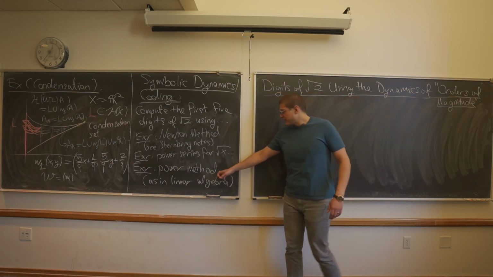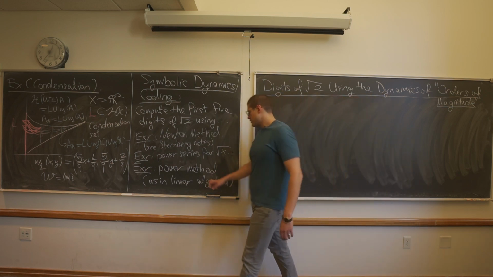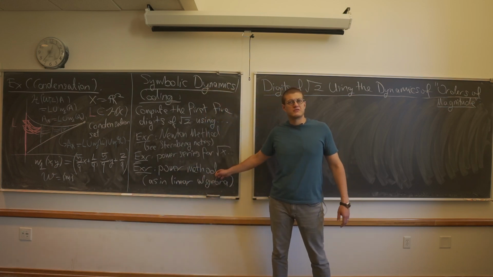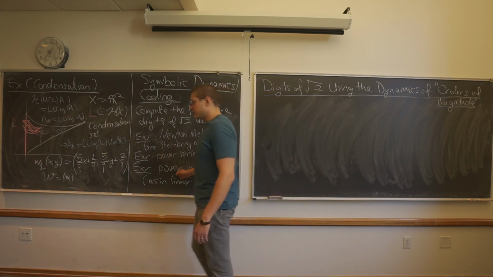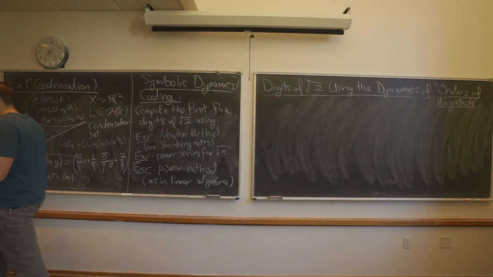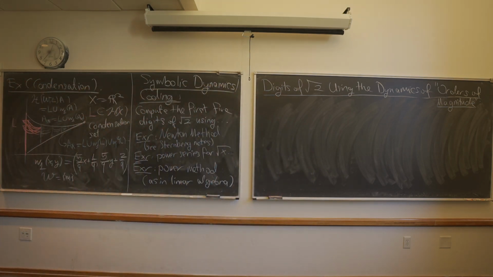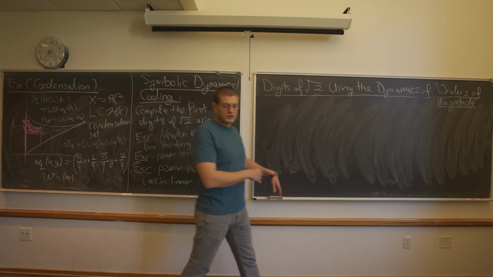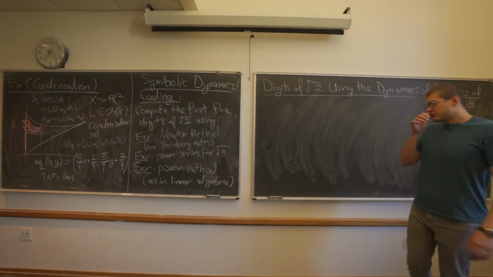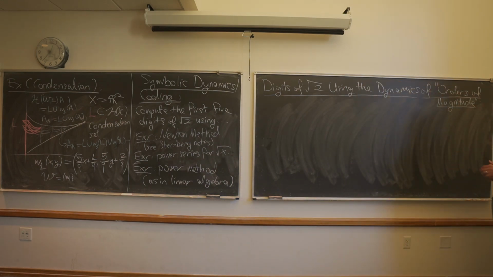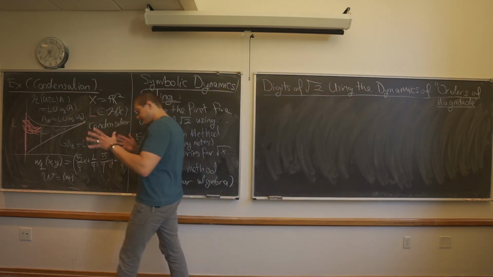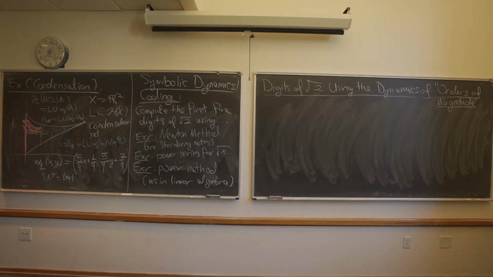The third method is through linear algebra, called the power method. How many of you have seen this power method? This is about computing eigenvalues. You have a linear operator, or a square matrix, and let's say you have one eigenvalue larger than 1, and all the other ones are less than 1. To compute an eigenvector for that leading eigenvalue, you can start with any vector and keep taking powers of the matrix.